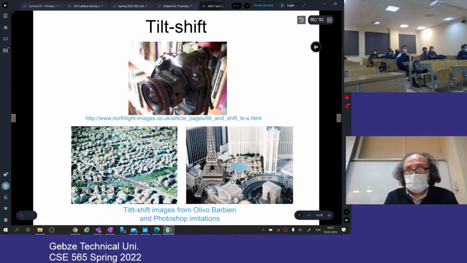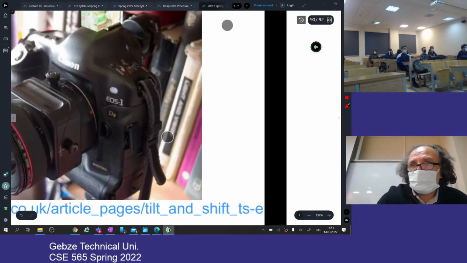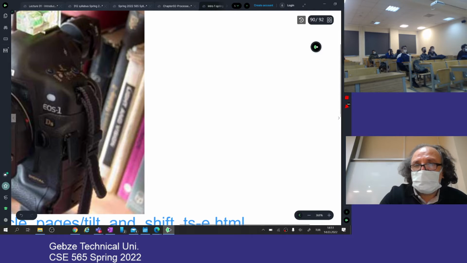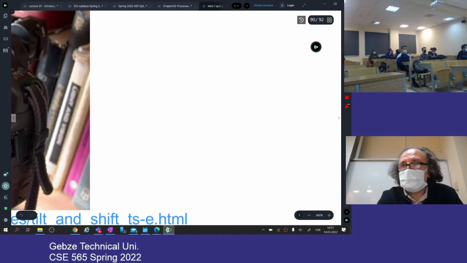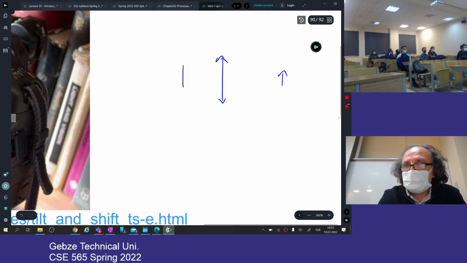Another camera is this one. This is really interesting. I think you see examples of this one. Usually they use this in the movies. Let's remember our basics. Let's say this is a thin lens camera, and this is an object, and this is my image plane.